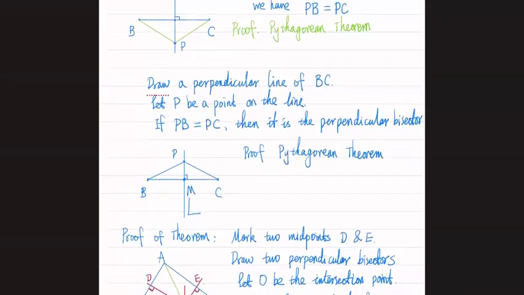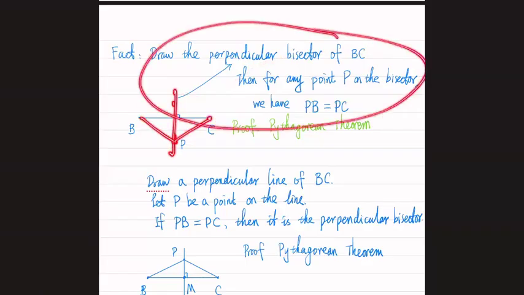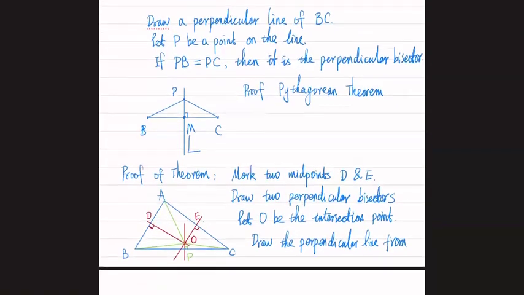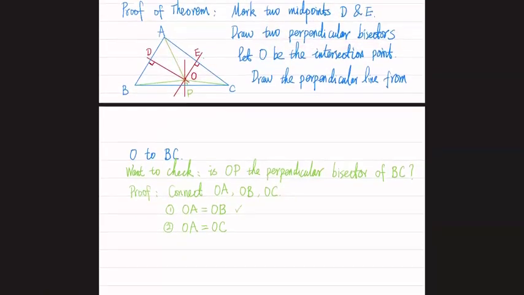Okay, so here we have this. Jessica, for any point on the perpendicular bisector, the distances are the same. So we will apply this again to this perpendicular bisector. O is a point on the perpendicular bisector. The distances to the two vertices must be the same. So the same fact.